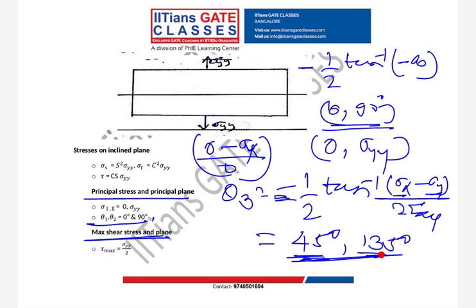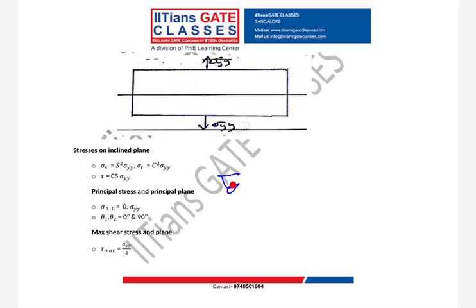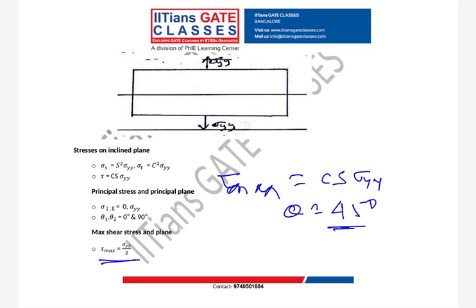Now find tau max. Tau max is Cs sigma yy. Now what is theta? 45 degree. Clear? So what is your tau max? It will come sigma yy by 2. What is the corresponding normal stress?